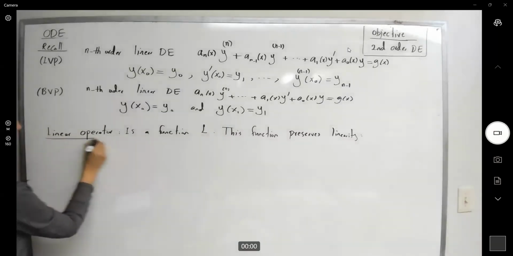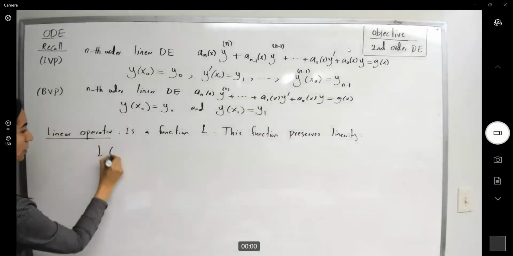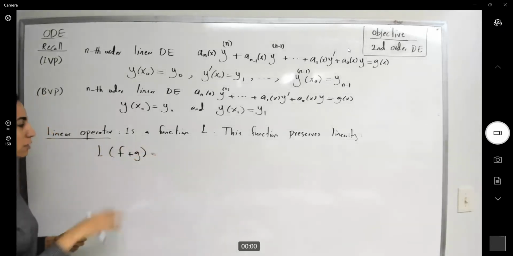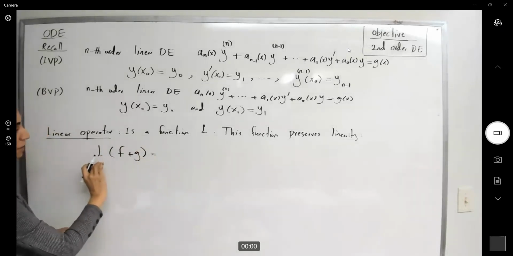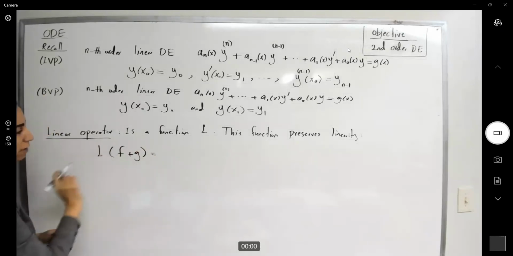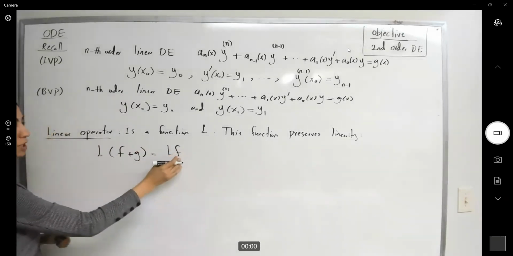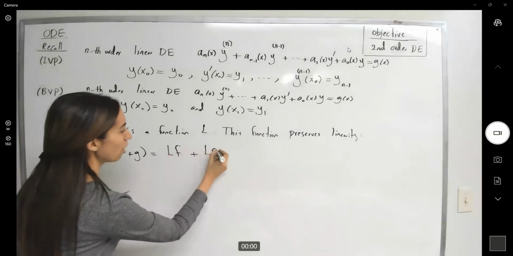So suppose you have the sum of two functions, L of f plus g. In linear algebra, we can just change this into two vectors, v and w. So linearity means that if we apply L to f plus g, it is equal to L of f, the transformation on f, plus the transformation on g.